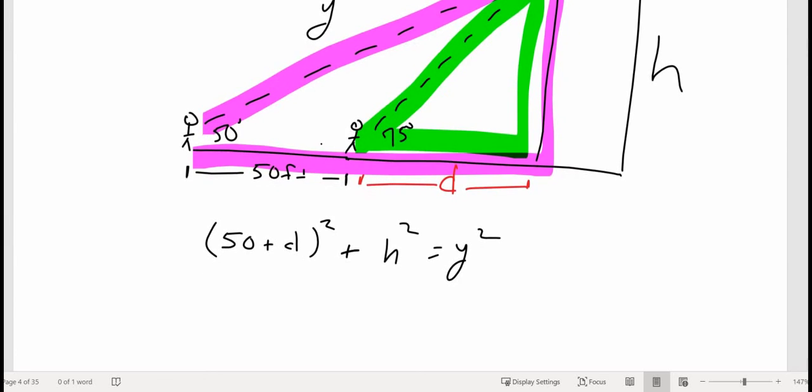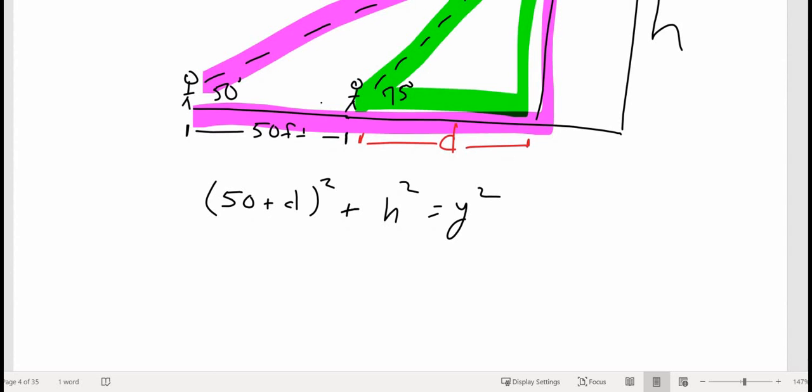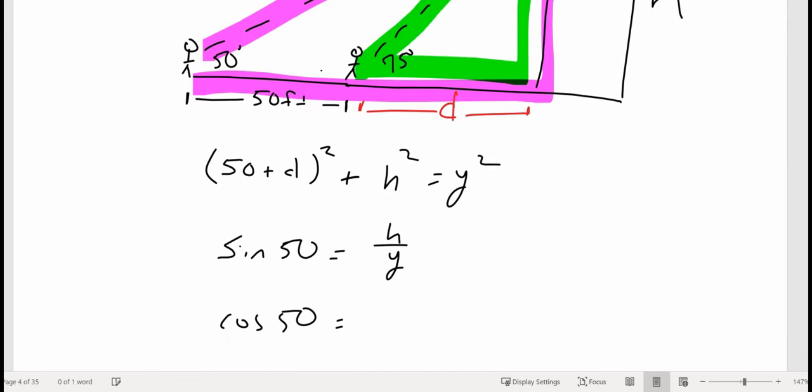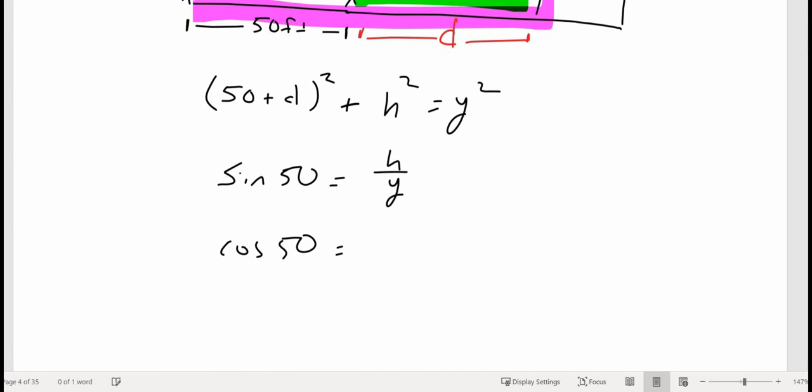Now, the other things that I know, let's focus on the big triangle right now, because I've got to start somewhere. The sine of 50 is the opposite over the hypotenuse. The cosine of 50 is the adjacent over the hypotenuse. Now, the adjacent side is the 50 plus b, right?